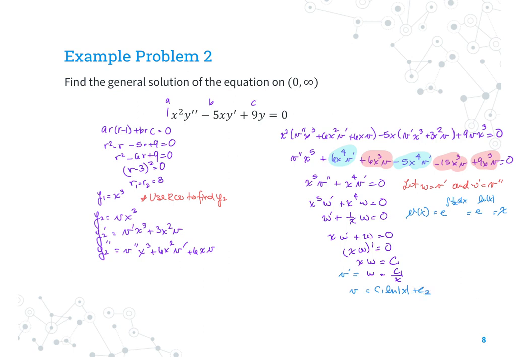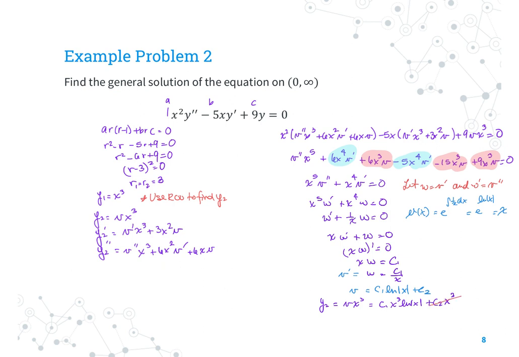So what we end up with then is when we say y2 equals vx cubed, we end up with y2 is c1 x cubed natural log of the absolute value of x plus c2 x cubed.